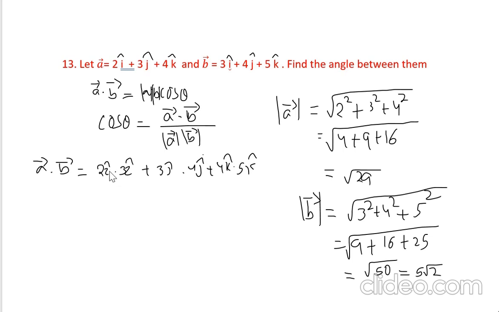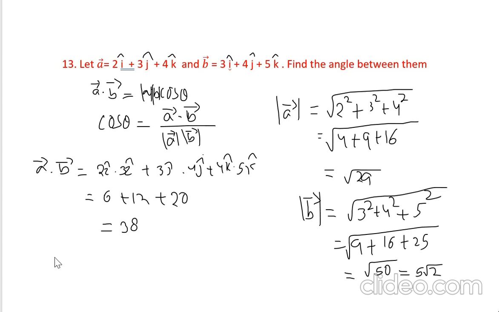Here i cap dot i cap is 1, so it becomes 6. Similarly j cap into j cap is 1, so 3 into 4 is 12, plus k cap into k cap is 1, 4 into 5 is 20, so in total it becomes 38.